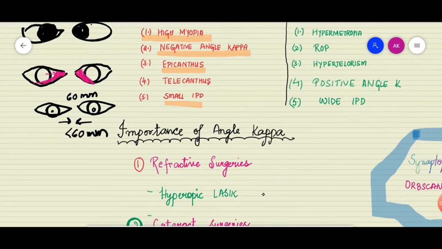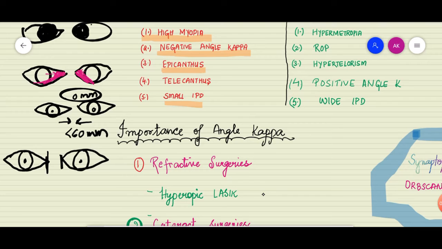Similarly, there is one more condition which is called telecanthus. Now what happens in telecanthus? In a normal eyeball, the distance between the two pupils, as I told you, is about 60 mm, and the distance between the two canthi is about half of 60, that is 30 mm. In telecanthus, the intercanthal distance will increase.